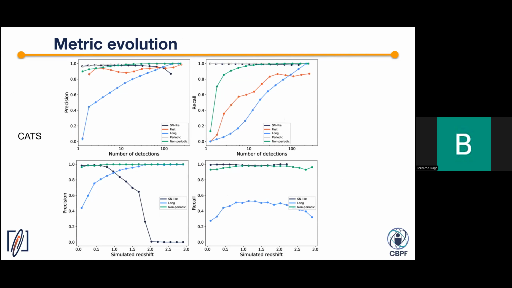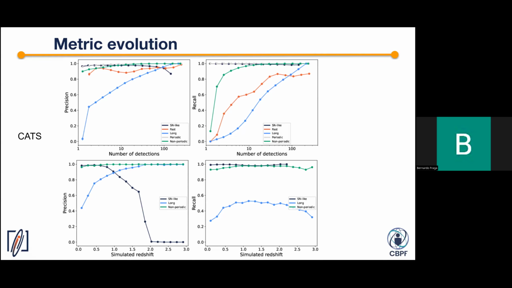And since the long class includes objects that are long-lasting, this is expected, and the behavior is exactly what you expect. If you increase the number of detections, then obviously the results get better. And you see the same trend here that you saw in supernova for the redshifts, for the confusion at higher redshifts between the long and the supernova-like.